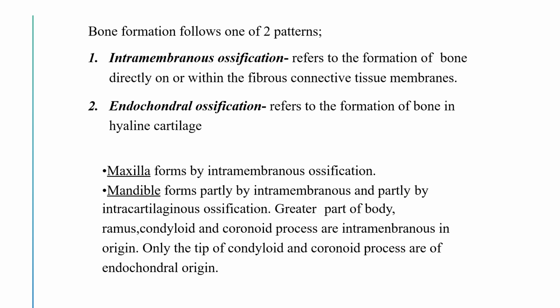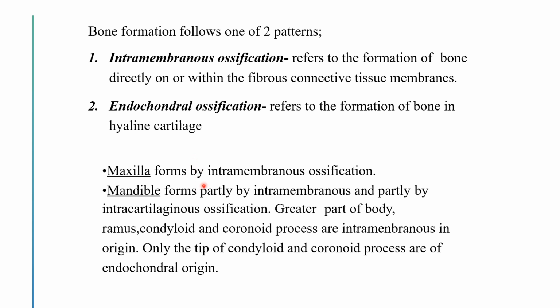Bone formation follows one of two patterns, intramembranous ossification and endochondral ossification. Intramembranous refers to formation of bone directly on or within the fibrous connective tissue membranes. And endochondral refers to formation of bone in hyaline cartilage. So intramembranous is within the fibrous connective tissue membrane, and endochondral is formation of bone in hyaline cartilage.